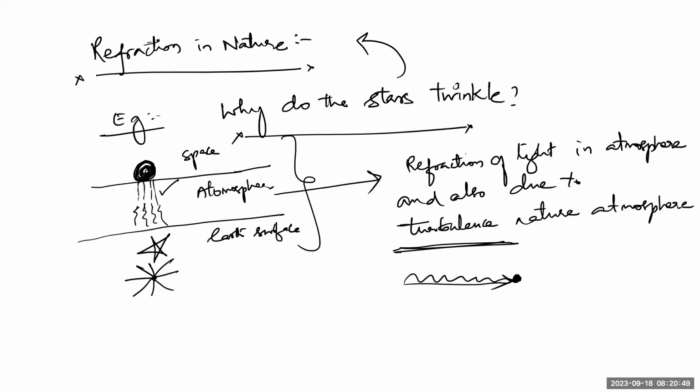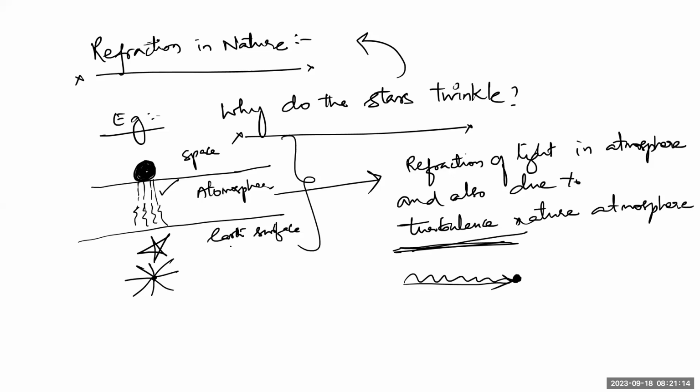If I look at a star from space, it looks like a shining ball. When it comes to the atmosphere, due to atmospheric refraction, the starlight will undergo refraction, and it happens due to the turbulent nature of the atmosphere.